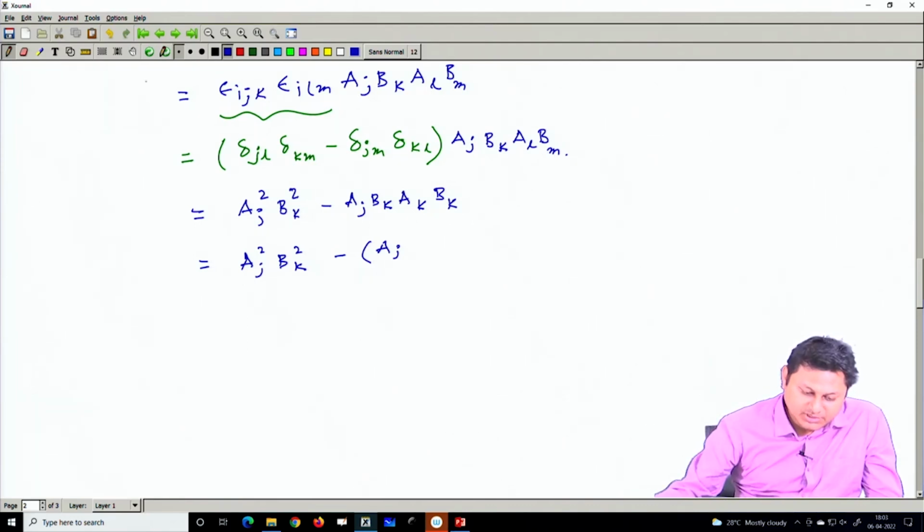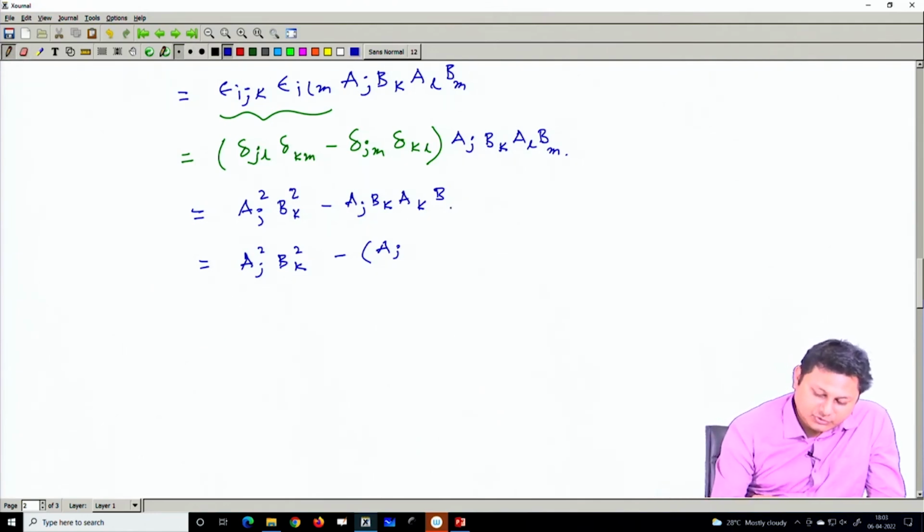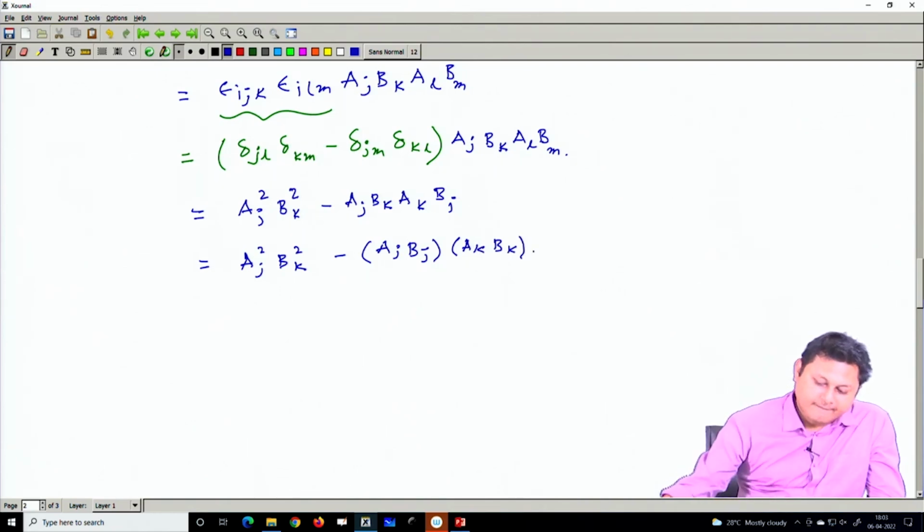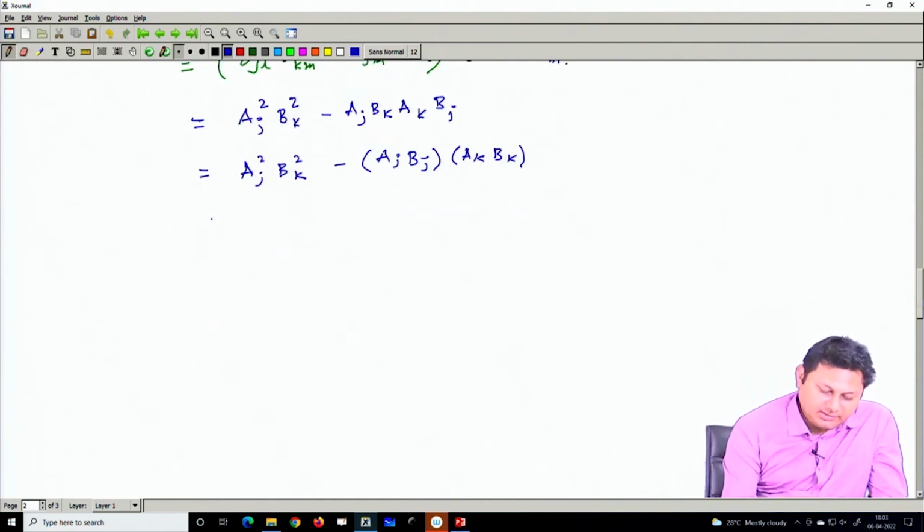So, this m should be j here, then the delta function is 1. So, m should be j here. So, I have A j B j and then I have A k B k. Okay. So, this quantity is simply A square B square without any doubt.